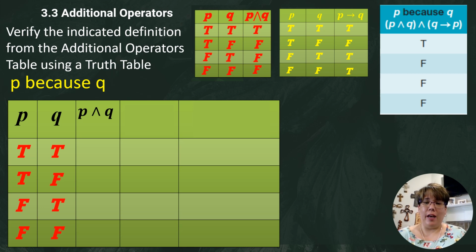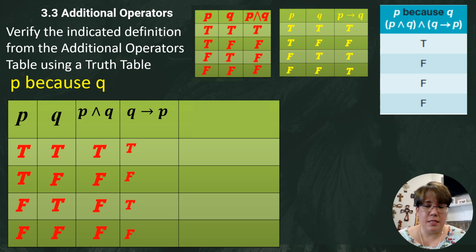We would start out and we would do our P and Q. If you look right here in this P because Q part of this additional operators chart, you're going to see right underneath the definition, it says that P because Q is equivalent to this definition, P and Q implies P. So that's what you're going to have to prove using the truth table.